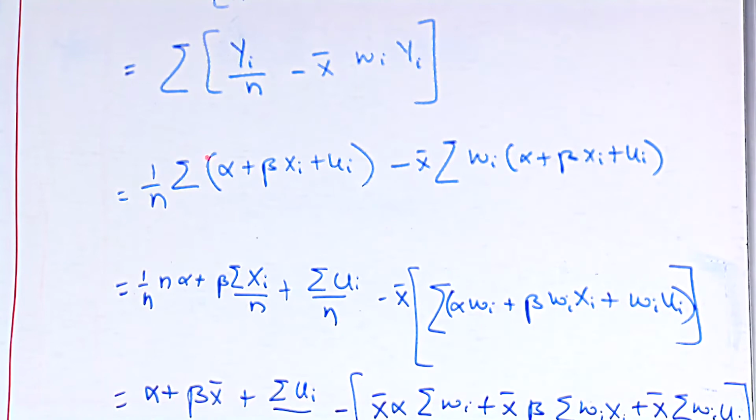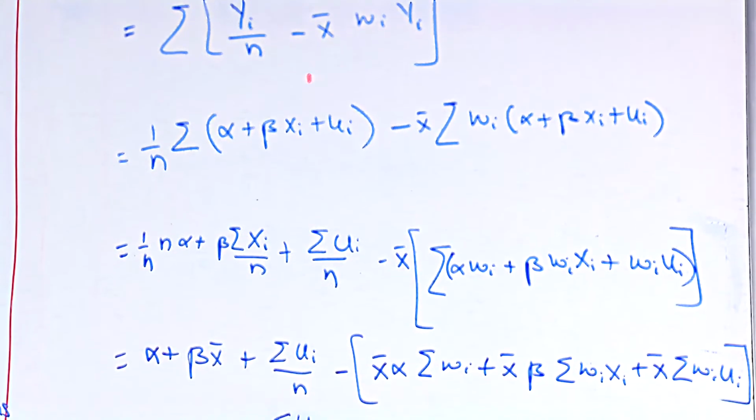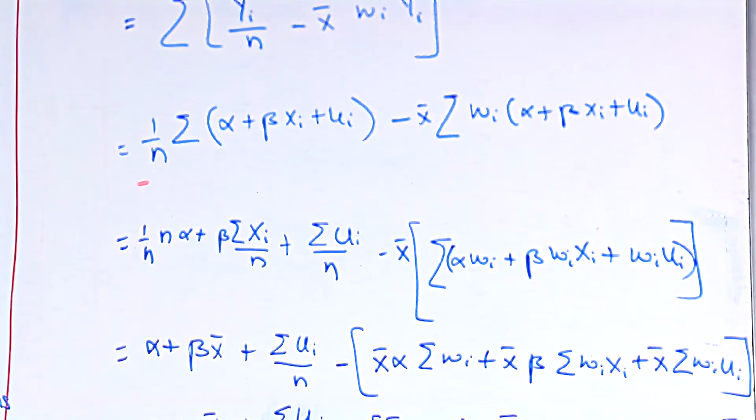So 1 by n, this is now n times the alpha is added. So n alpha plus beta into sigma xi by n plus sigma ui by n.